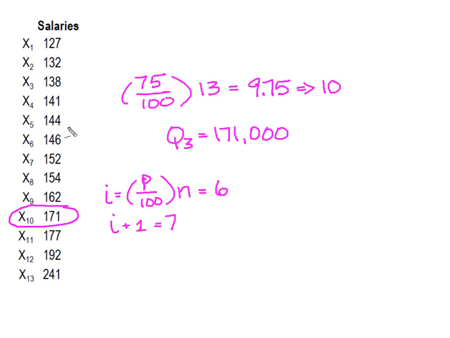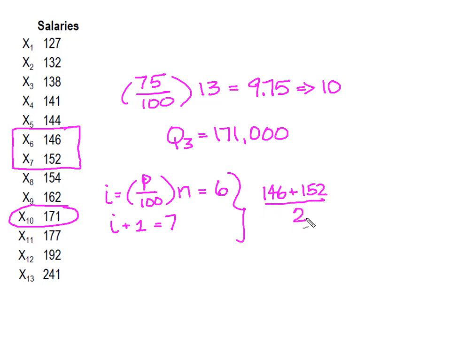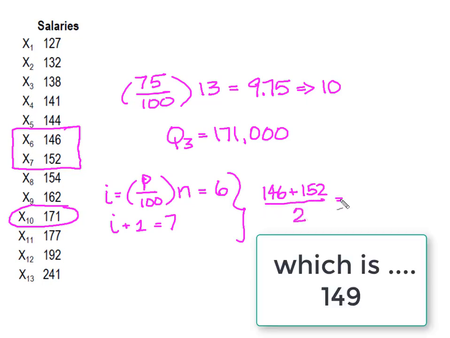So I will take and I will average the 6th and the 7th value. So in order to find this unknown, whatever it is, I would take 146 plus the 152, divide it by 2, and the result would be my value.